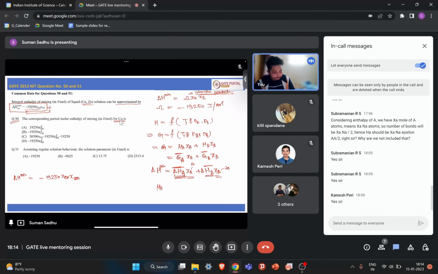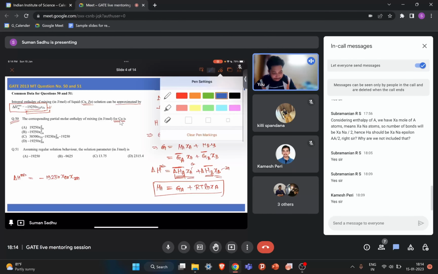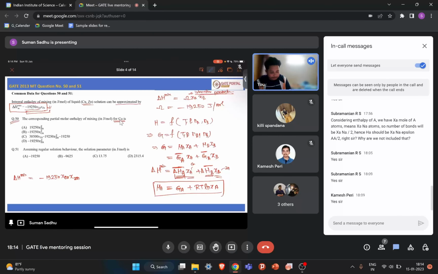You remember, in case of mu, we compared and found that mu A is equal to GA plus RT ln XA. So similarly, we have to rearrange the equation here and compare.